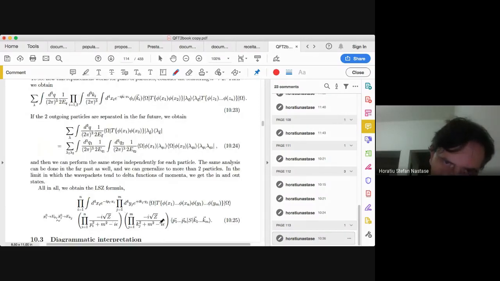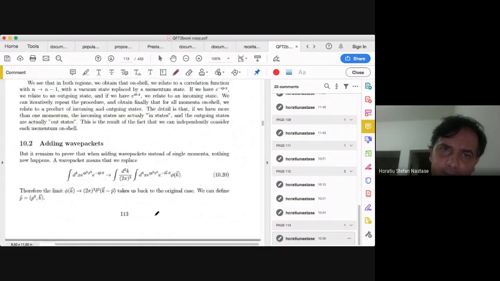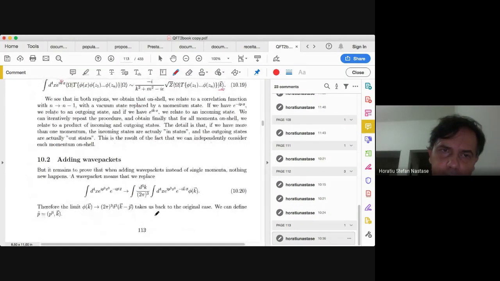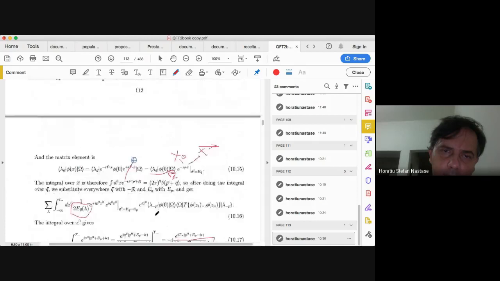And for each corresponding state, we have this free propagator times square root of z.